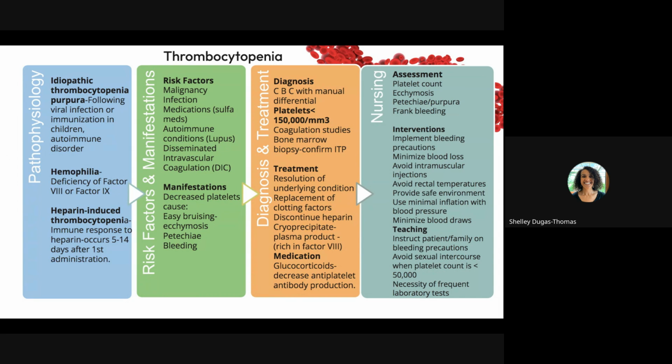You want to provide direct pressure to any wound or if there's any bleeding. Safe environment, clutter free, minimizing blood draws. Patient education should include educating them on bleeding precautions, also avoiding sexual intercourse if their platelets are under 50,000, and the importance of frequent CBC and lab monitoring.